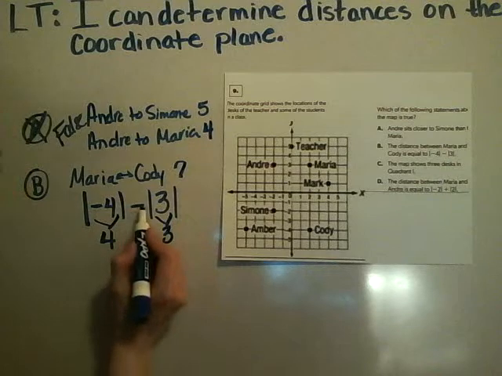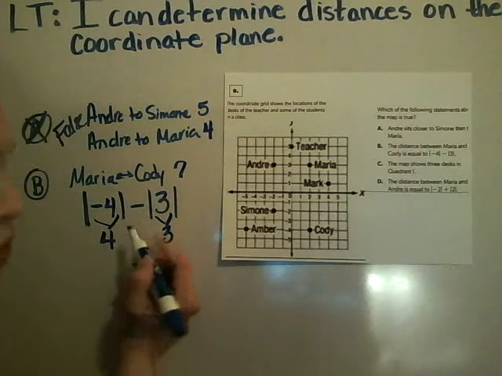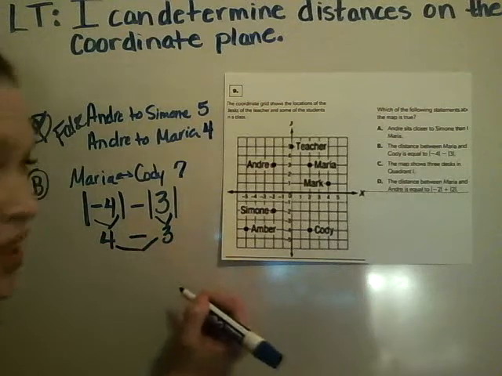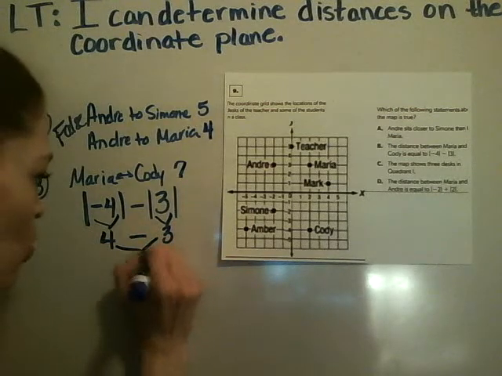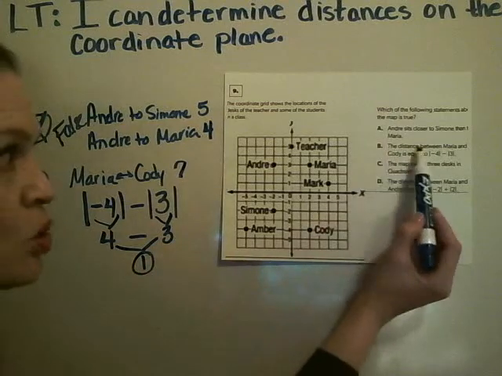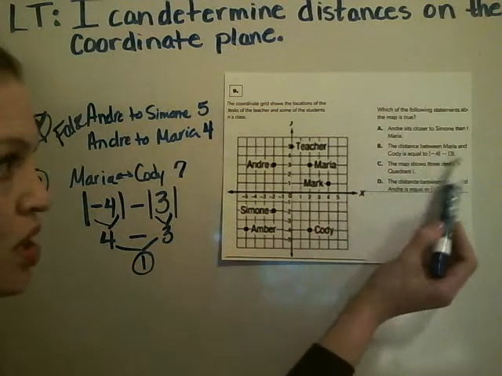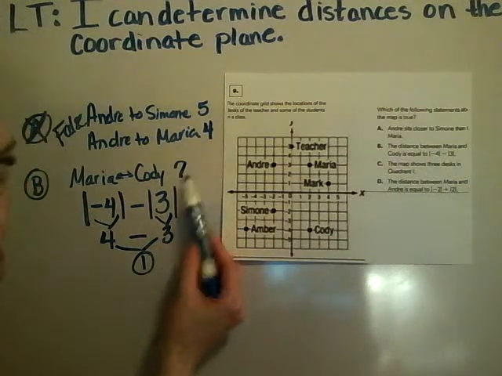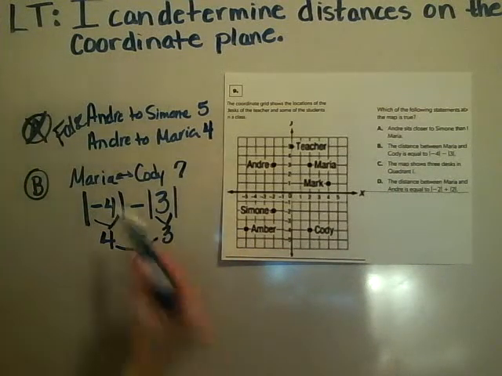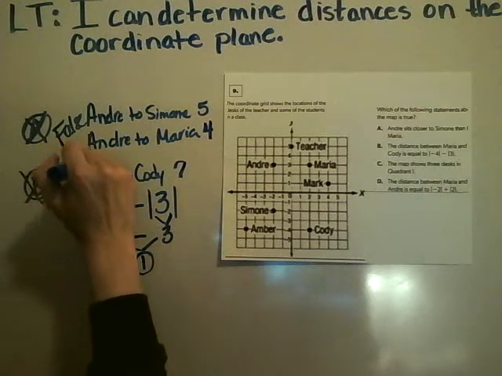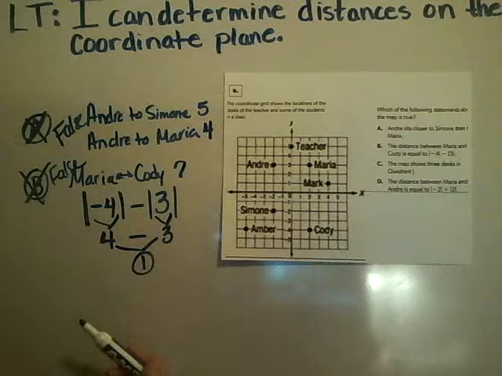Now you see that minus sign? Slide it down because we have to finish calculating. All right, well, 4 minus 3 is 1. Go back to your statement. The distance between Maria and Cody is equal to this calculation. Is the distance of 7 equal to 1? No, it's not. This statement is also false. It's not going to work.